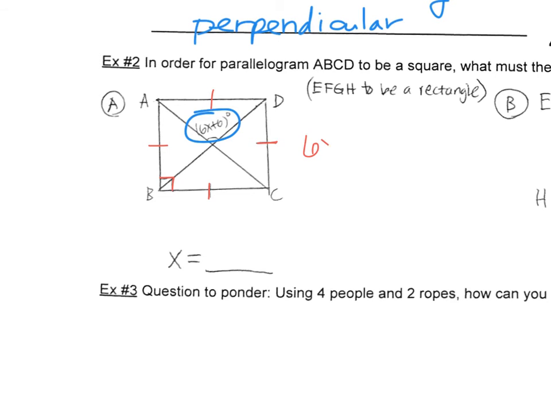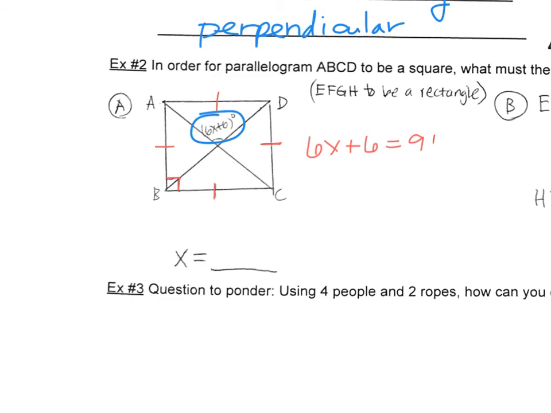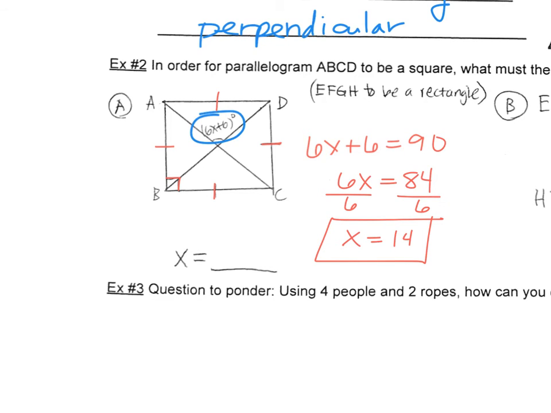So we would have to say 6x plus 6 equals 90, and then solve for x. So take away the 6, 6x equals 84, and then divide by 6, and 84 divided by 6 is 14. So if x is 14, then that figure will be a square. Okay, diagonals would have to be perpendicular.